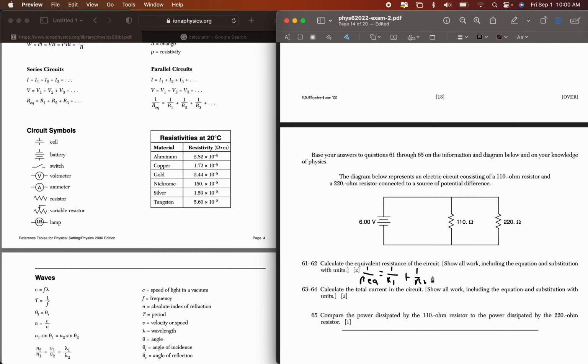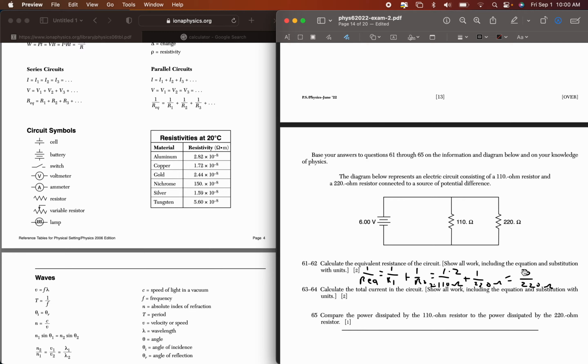And then we set it equal to 1 over 110 ohms plus 1 over 220 ohms. Multiply this by 2 to get common denominators. We get 2 over 220 plus 1 over 220 is 3 over 220 ohms.